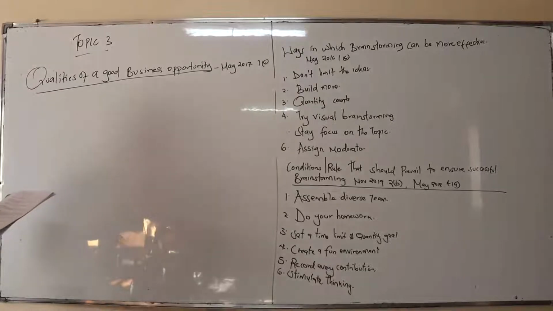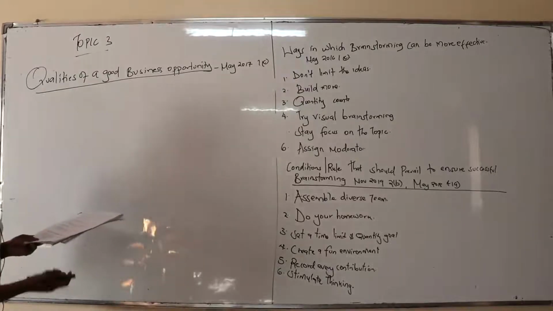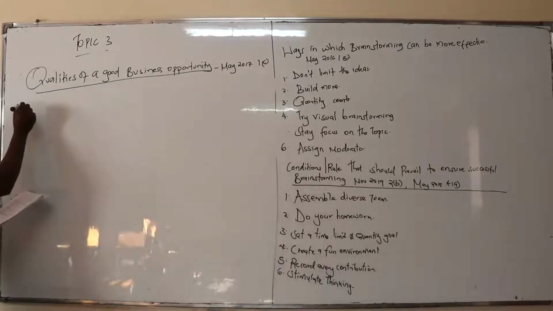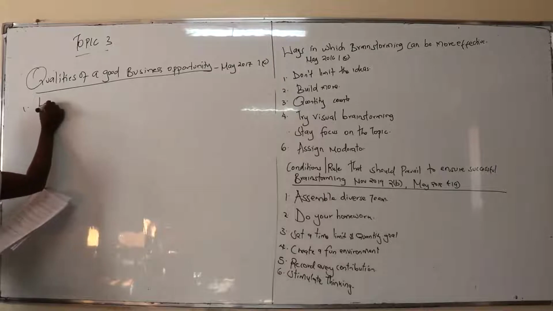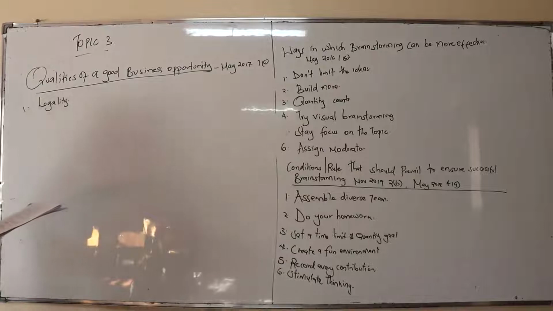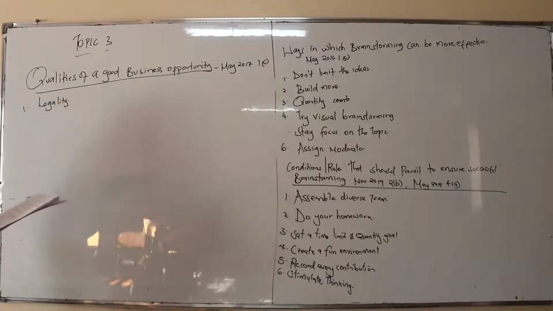So we are going to look at the characteristics or some of the qualities which you need to consider before you venture into or before you even think of any business opportunity. The first quality of a good business idea is legality, in that the business opportunity should be capable of operating within the rules and regulations of its domicile.